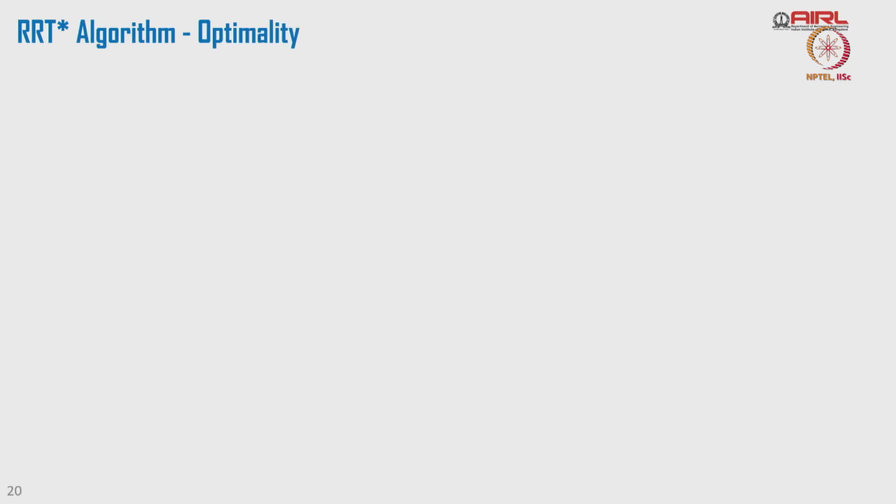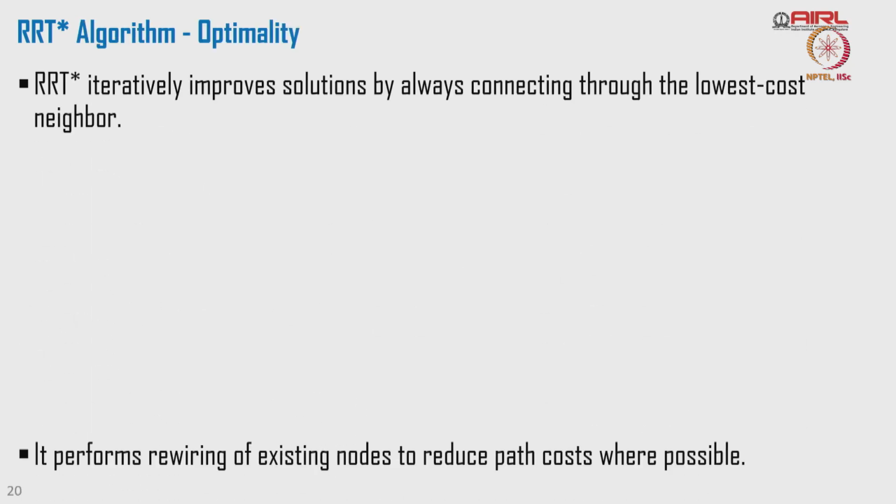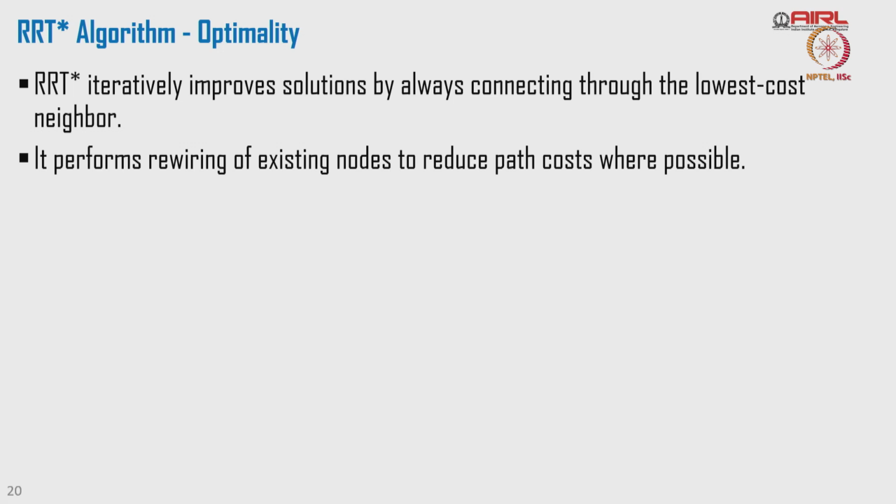Okay. Fine. Now, RRT star algorithm optimality, as I told, is taken care by these particular steps, that means parent selection and rewiring. RRT star iteratively improves the solutions by always connecting through the lowest cost neighbor. It performs rewiring, very important, of existing nodes to reduce path costs whenever possible.